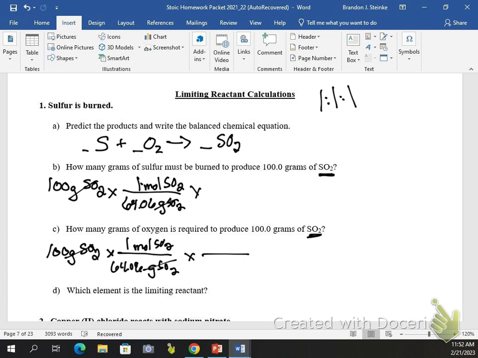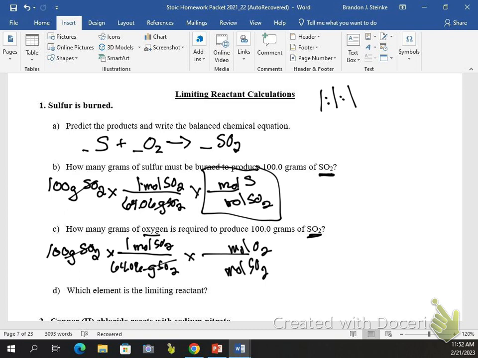Now I can get out of moles of SO2 and into moles of what I want to be in. In this case, it's oxygen, and on top, moles of SO2, and in this case, it is sulfur. How do I fill in those blanks? Not the molar mass, the molar ratio, right?